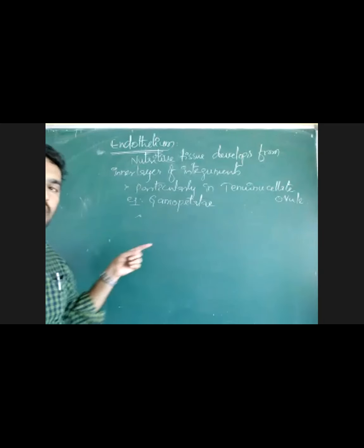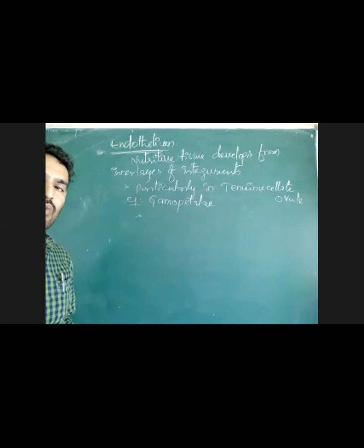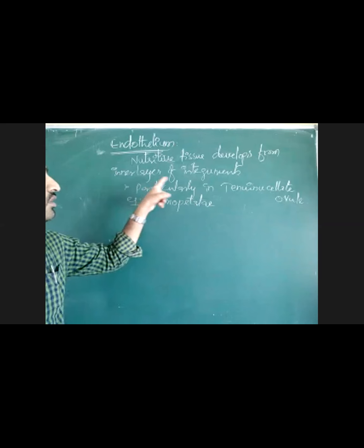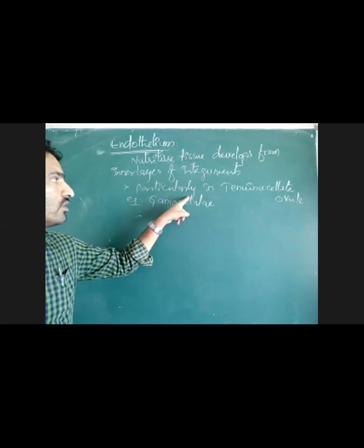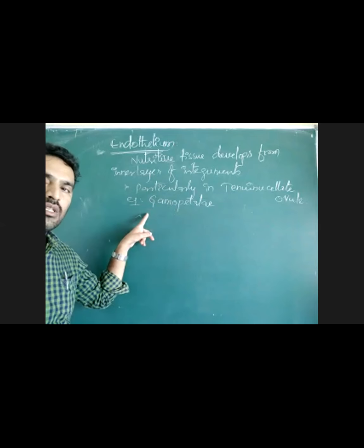Why is this endothelium produced in tenuinucellate ovule? Usually, nucellus is the major nutritive tissue present in the ovule. If nucellus is less, then it is called a tenuinucellate ovule. Here, nucellus is very less, so growth of the embryo sac is somewhat difficult.